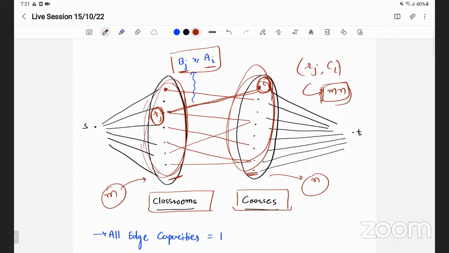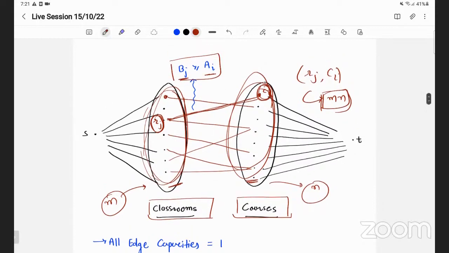So you can use any approach for finding the maximum matching, but I emphasized making a flow-based approach just to make sure that you understand how to implement Ford-Fulkerson or any other flow-based algorithm. So I will just go ahead with the flow-based approach.